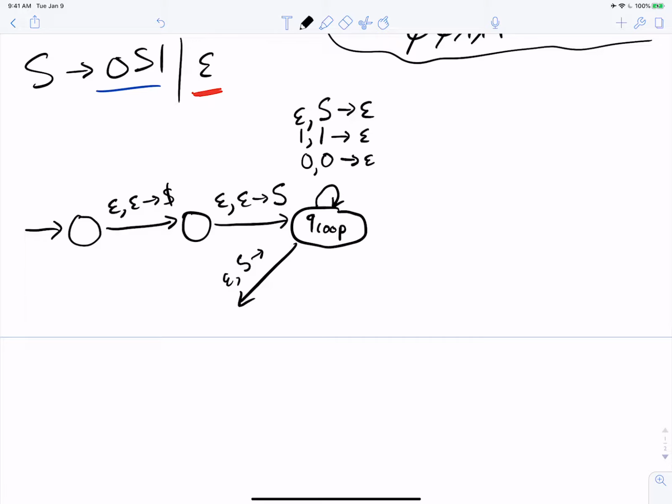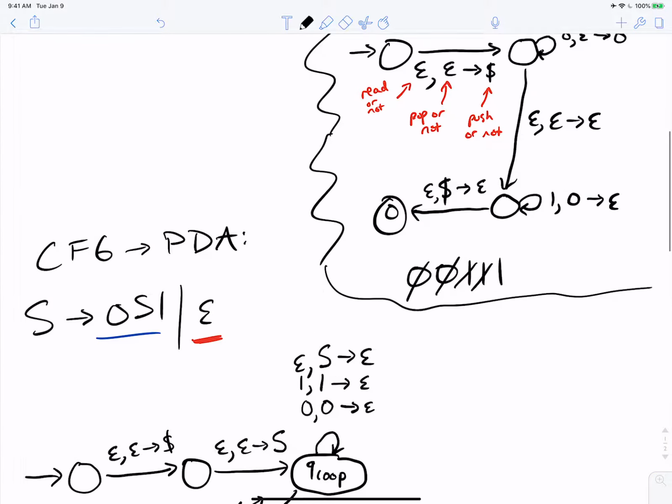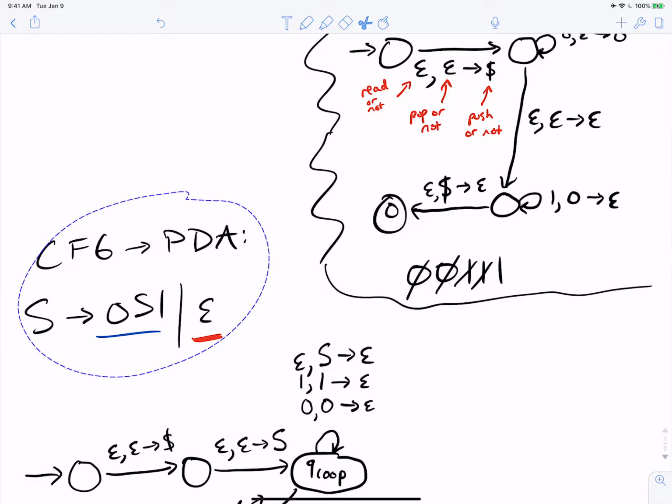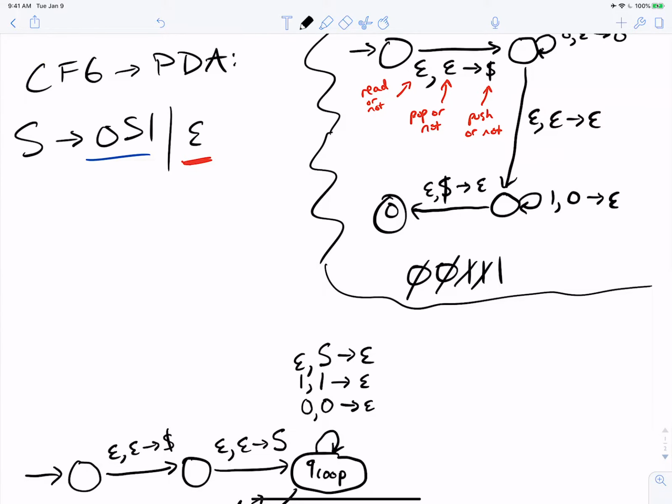Well, let's actually look at a derivation for now. So I'm going to move this up so that we can see what's going on. Let's say that for whatever reason, there's whatever in the stack, and let's say that S is at the top. And let's just say that we're applying the S goes to 0S1 rule right here.